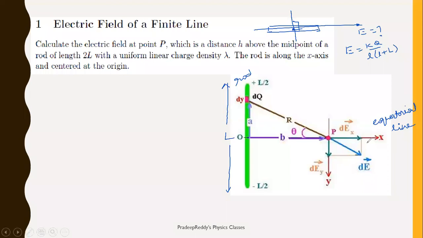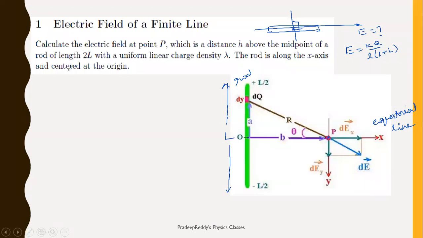On this equatorial line, which is along the x-axis, I am considering one point P. I want to find the electric field there. As we learned in the previous example, since this is an extended charge rod, we cannot directly use the formula. So I'll cut the rod into very small pieces, each part having charge dq.